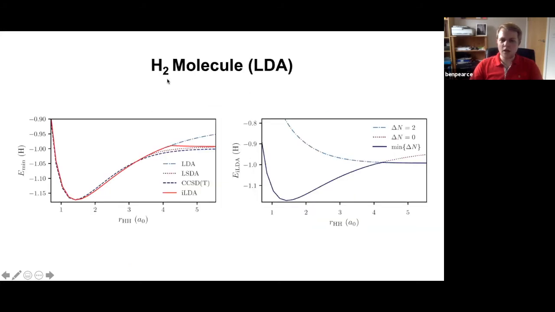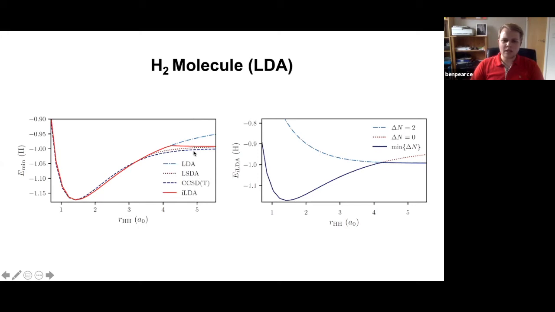So moving on then, I'm going to show you a couple of dissociation curves for two different molecules and two different functional approximations. To start off, we're looking here at the H2 molecule within the implicit LDA, or the LDA functional. On the left-hand side, we're plotting the dissociation energy curves for an unpolarized LDA calculation and a spin LDA calculation, comparing that against the benchmark coupled cluster calculation, and then also superimposing our implicit LDA result.